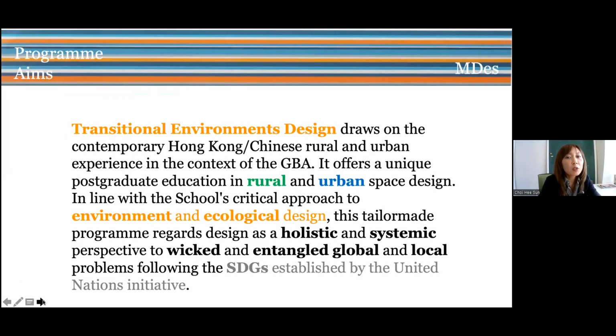Transitional environment is a term recently used to describe the new form of hybrid space and habitat that has emerged within and across our contemporary cities.